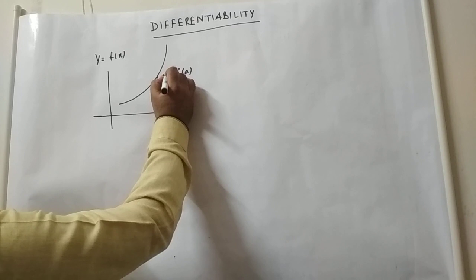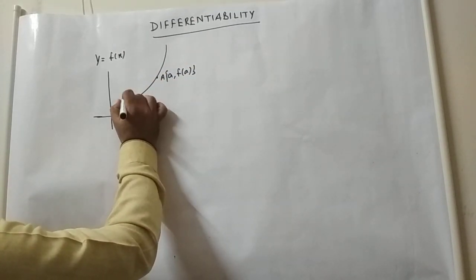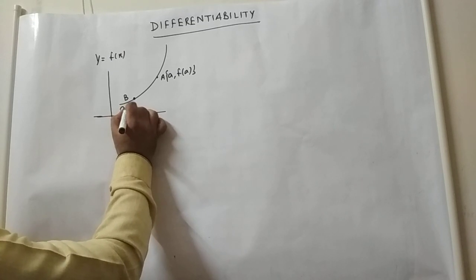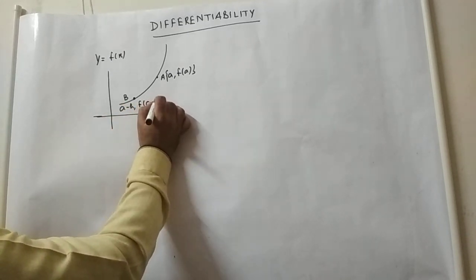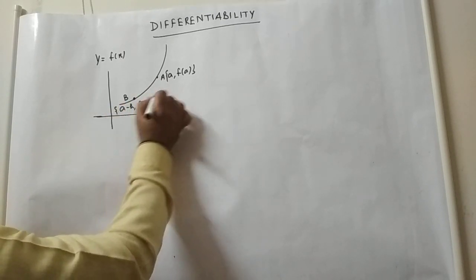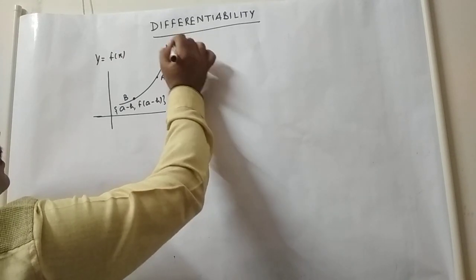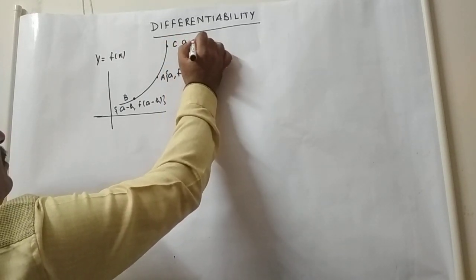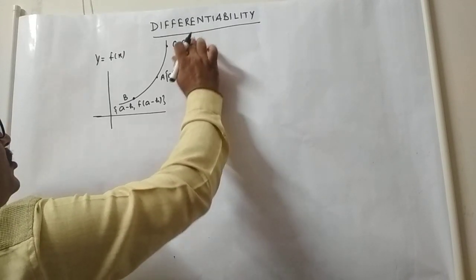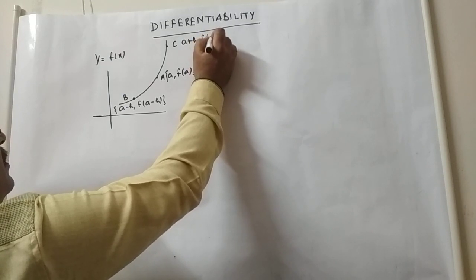These are the coordinates of point A. Consider one more point B whose coordinates are (a minus h, f(a minus h)). Similarly, consider a point C on this curve whose coordinates are (a plus h, f(a plus h)).